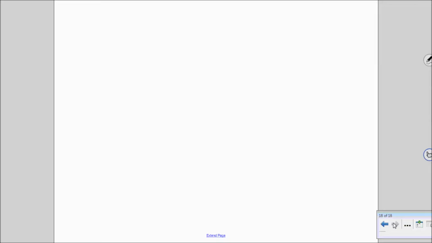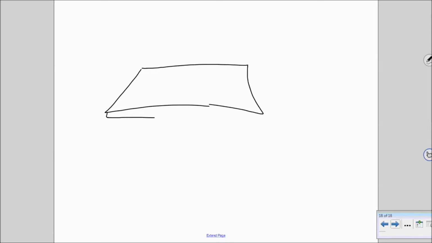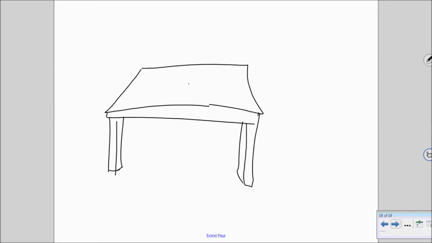So the idea in this problem is this little hockey puck thing is spinning around in a circle, right?